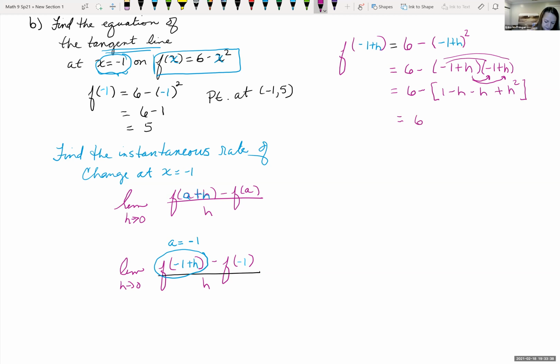So we have 6 minus, let's combine like terms inside this bracket. I'm going to rewrite it in descending order of powers, so I'm going to start with my h squared. Like terms, recall, are terms that have the same variable raised to the same power. So we have a minus h and another minus h, that's a -2h. And then we have this +1.